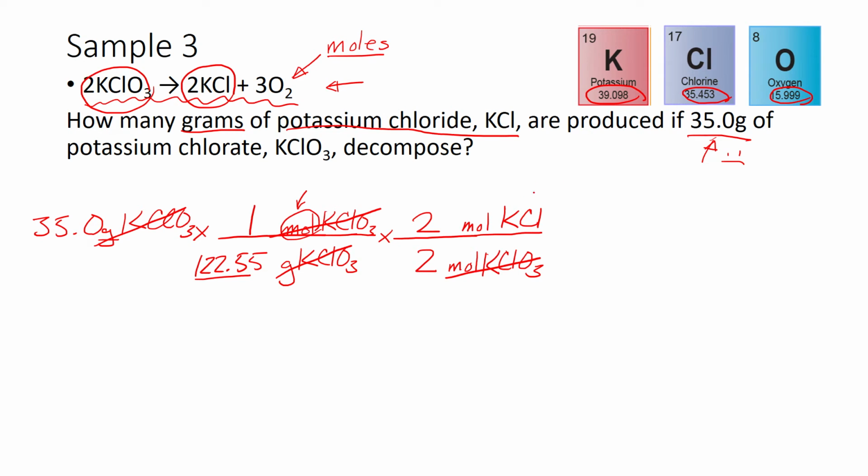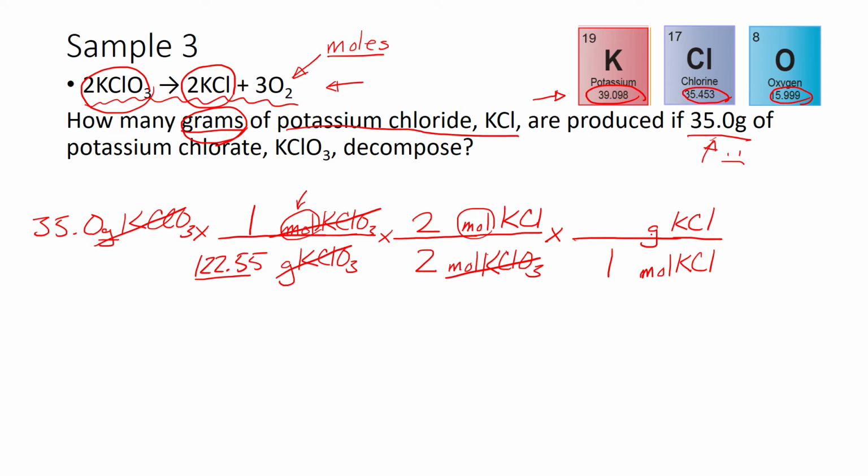But the problem does not want moles. The problem wants grams. So let's get out of moles and into grams. I think many of us know what to do here. Put moles on the bottom, moles of KCl. Let's go into grams of KCl. And for every 1 mole, I'm going to again do the procedure of finding molar mass.